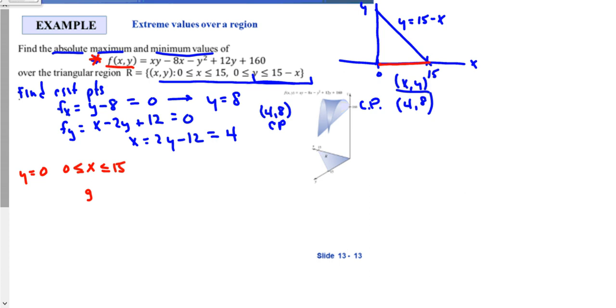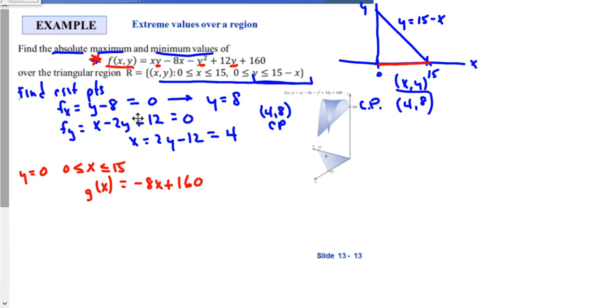So g of x, because only x matters here, y is going to be 0, and all I'm going to do is plug in y equals 0 into every y value up here. So I'm going to have negative 8x plus 160. This has the same values as the function f does for the points on this line segment where y is 0 and x is between 0 and 15.